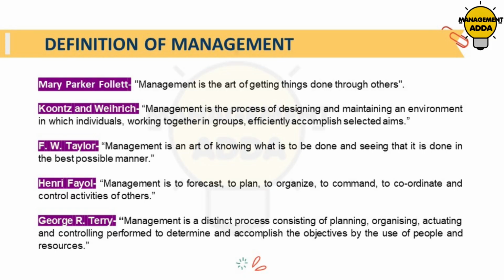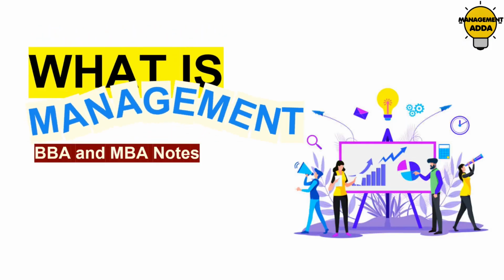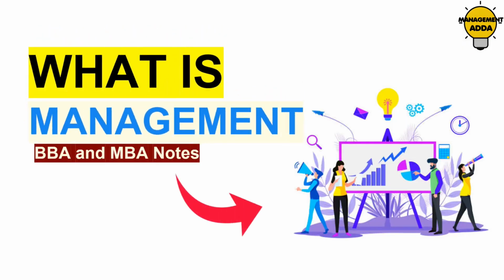According to George R. Terry, management is a process that involves planning, organizing, guiding, and controlling in order to reach a goal using people and resources. So yeah, these were the definitions given by authors, and here we have seen what is management.